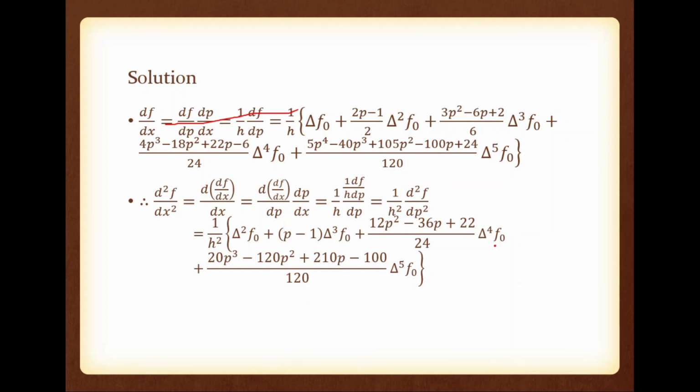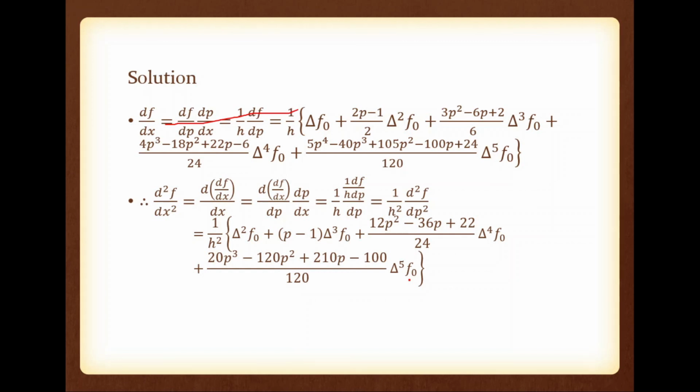Plus, what is this term? Its differentiation is 20p cube minus 120p square plus 210p minus 100 divided by 120 into delta raised to 5 f0. That is the last term. Plus etc. We are not writing that because that is not required. Here we have up to delta raised to 5 f0.